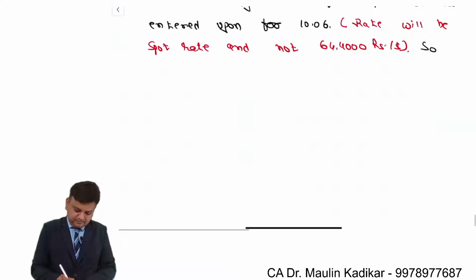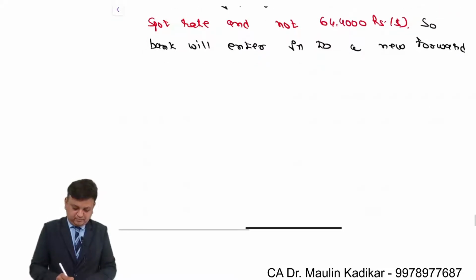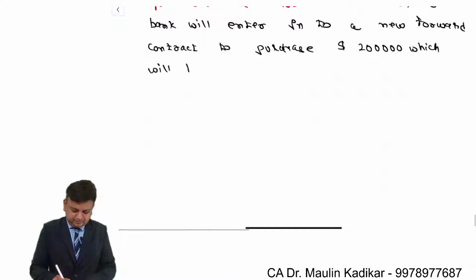So bank will enter into a new forward contract to purchase $2 lakhs, which will have nearest expiry.